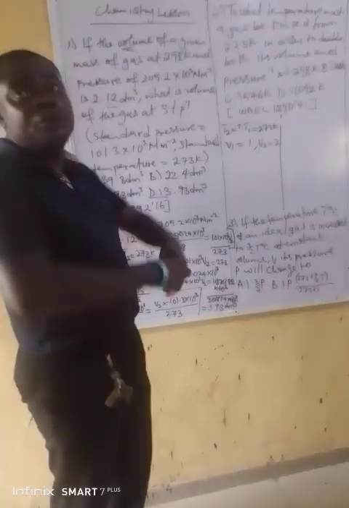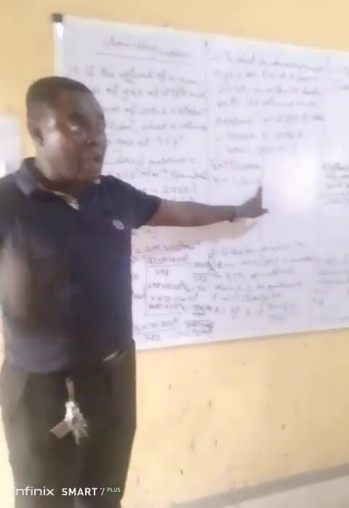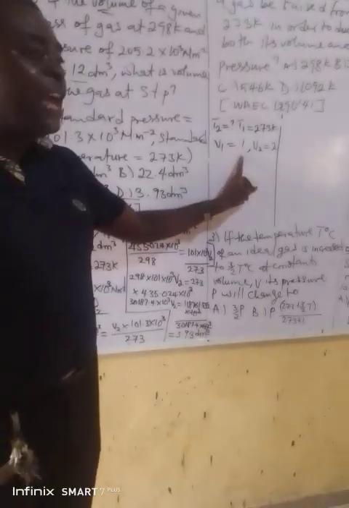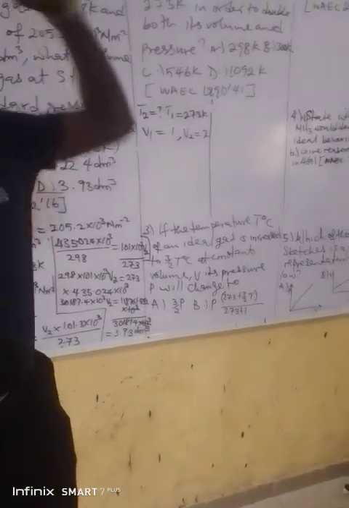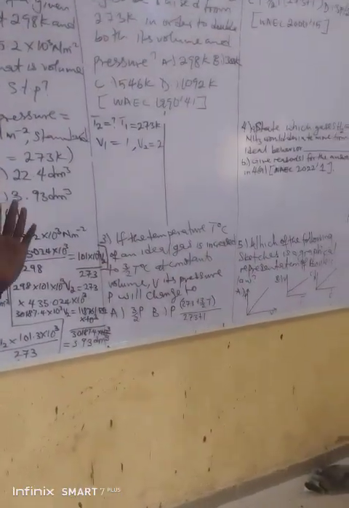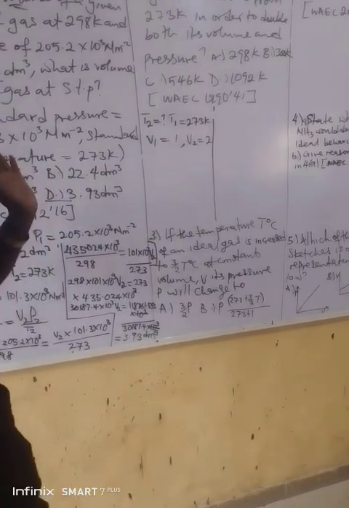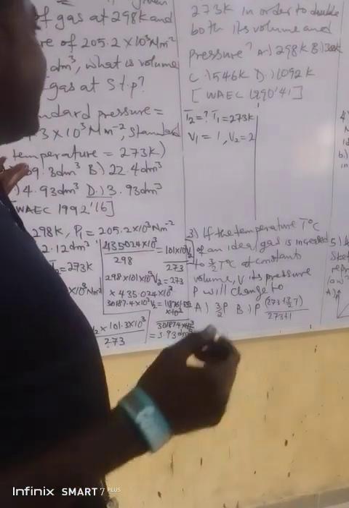You can put any number, but any number you put here, the times 2 of it will be here. If you put 8 here, 16 will be here. If you put 5 here, 10 will be here, because the question is saying the volume is double. But I like to put 1 and 2, the simplest numbers.